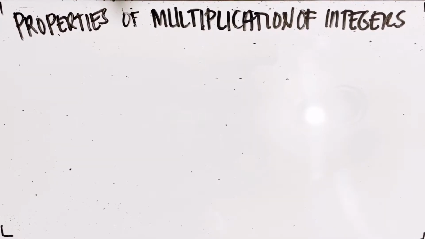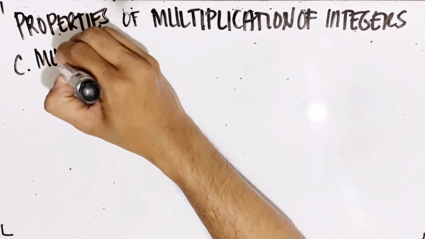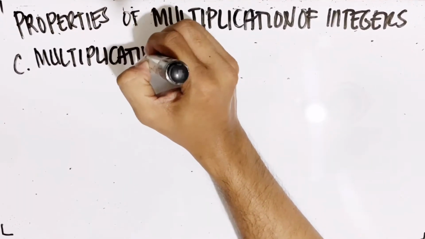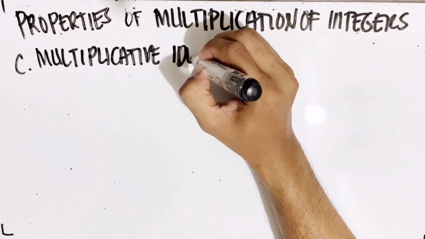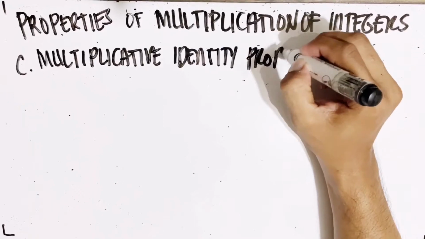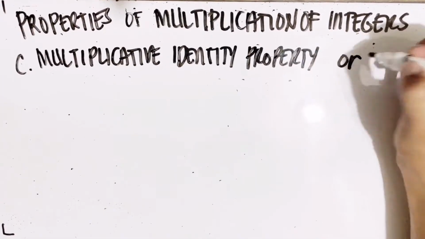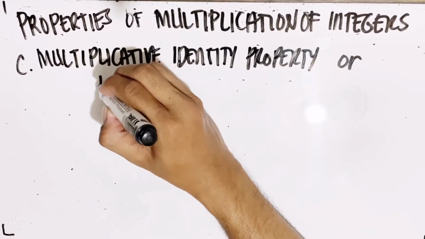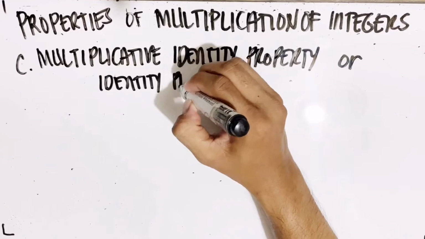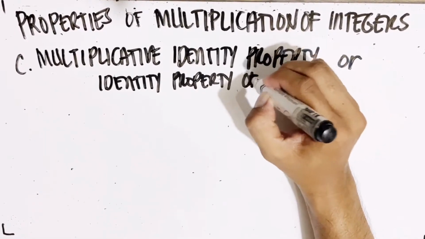Now, the third property is the multiplicative identity property, or it is sometimes called identity property of multiplication.